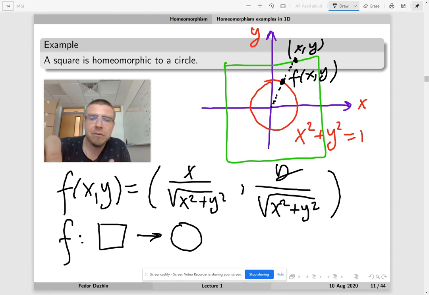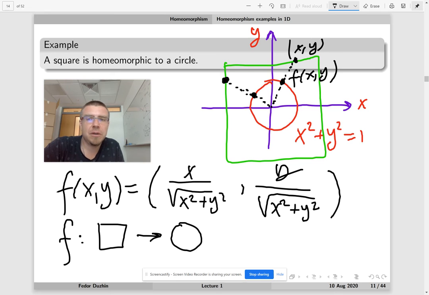So the inverse function goes like this, right? If we take any point on the circle, then we join it to the origin, extend this, and see where it intersects. And this is going to be the image of our inverse function on the square. It is kind of clear here.